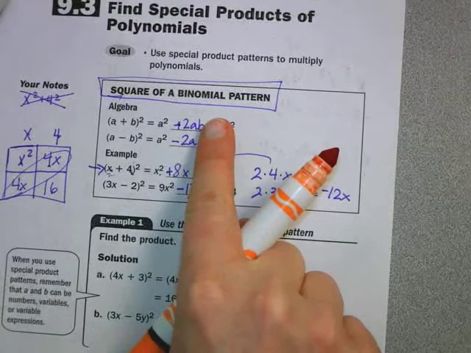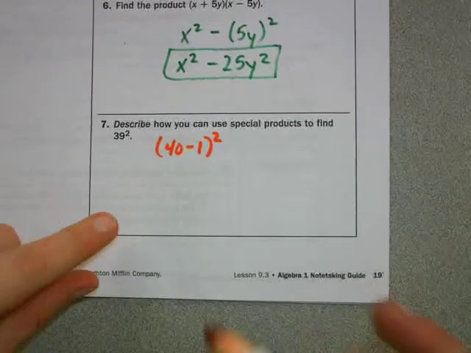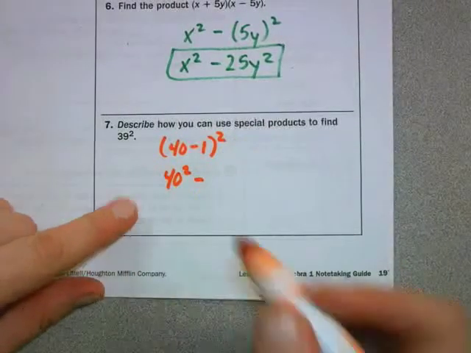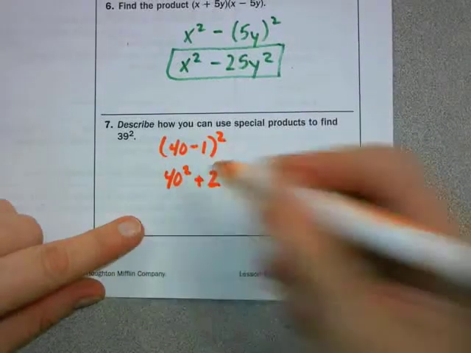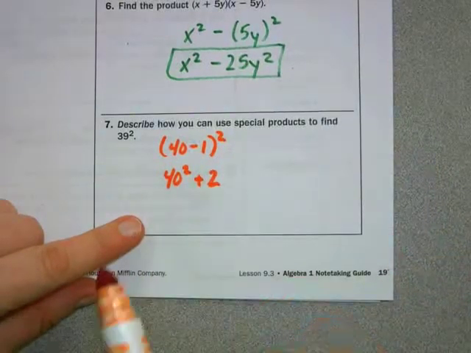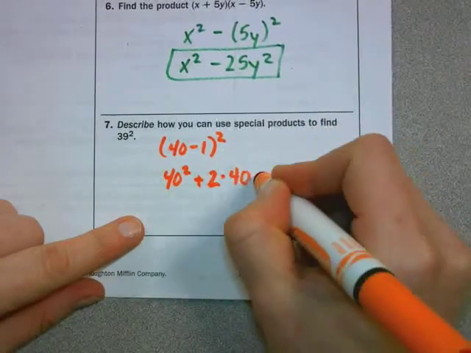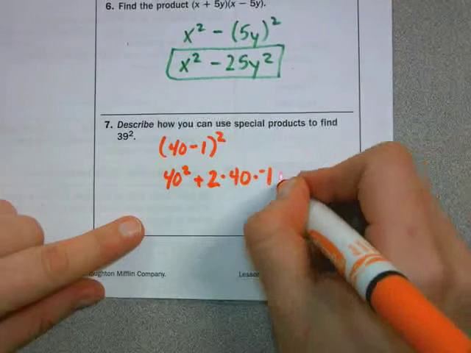So that would be the same as 40 squared minus 2ab, so minus 2, or we'll say plus a negative. We'll say plus for now because I'll make it a negative one. So 2 times a, which is 40, times b, there's my negative sign now, plus b squared, which is negative 1, it's going to be squared.